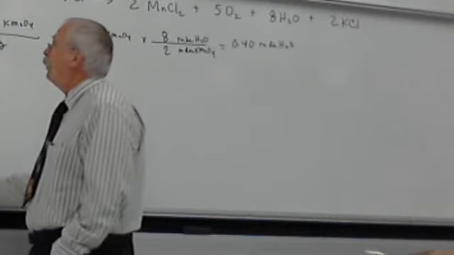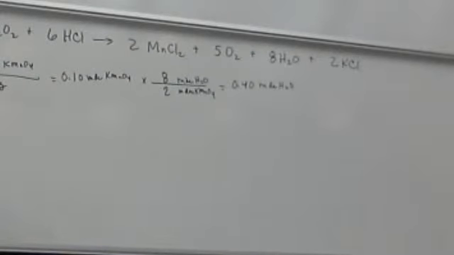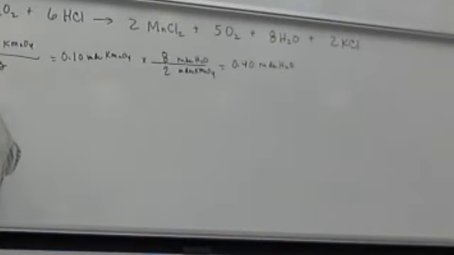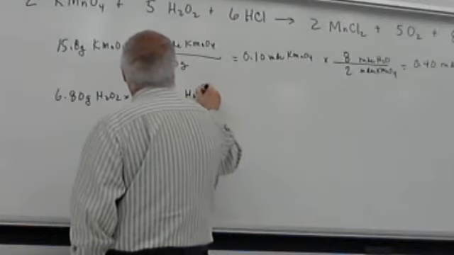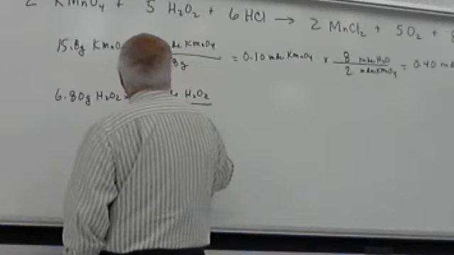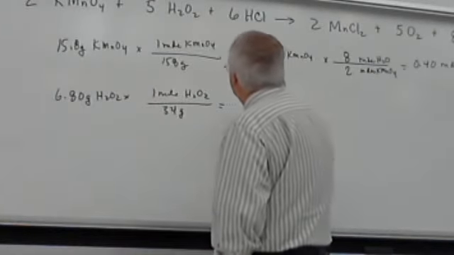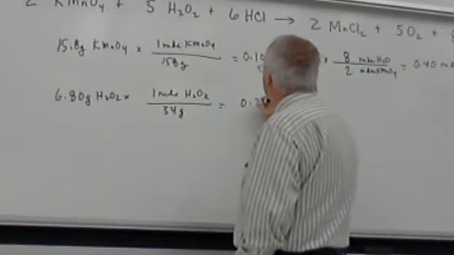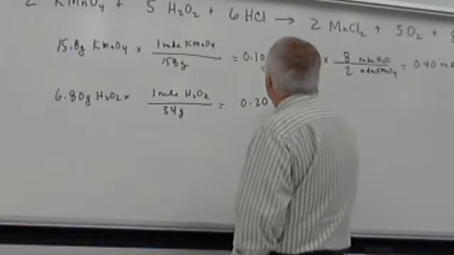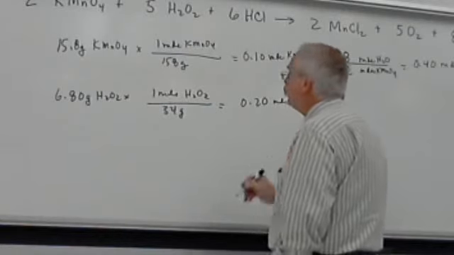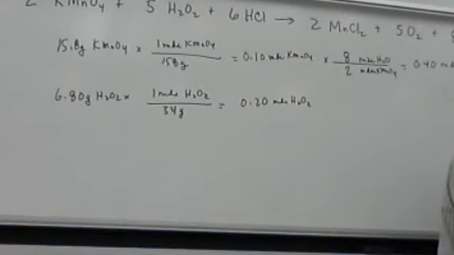Okay? Then you do the same thing for the peroxide. 1 mole of H2O2 is what, 34 grams? So that looks like 0.20 moles of peroxide. What sweet numbers this problem has.